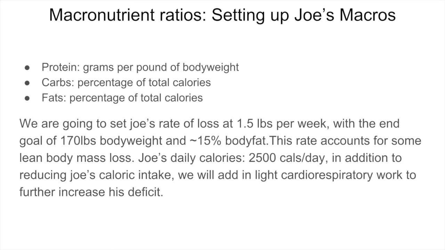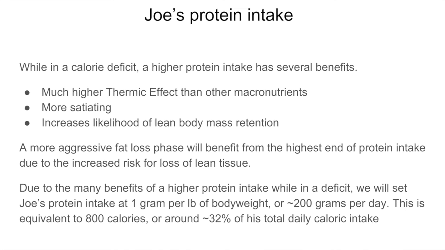So when it comes to setting up macronutrients, we're going to look at protein based on grams per pound of body weight, and carbohydrate and fats as percentages of your total caloric intake. Again, Joe's total daily calories in his fat loss phase are going to be around 2,500, plus some light cardiorespiratory work, going to give us a 1.5 pound per week loss, which is a great rate, not too fast, not too slow.